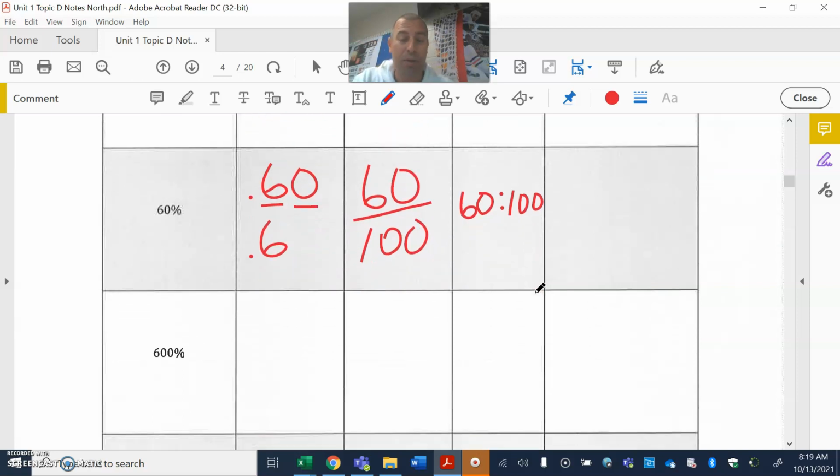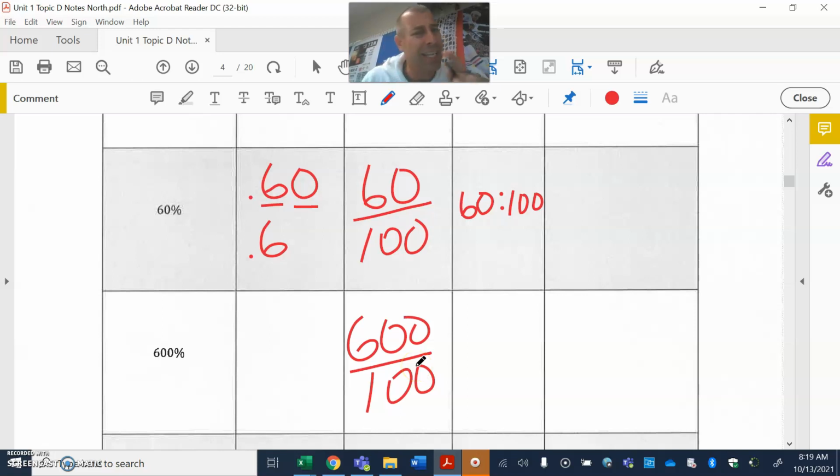Now 600%. What's percent always out of? 100. So when we set it up, it's over 100. This one's a little different because it's bigger than 1. Remember, the fraction bar means to divide. What is 600 divided by 100? 6.